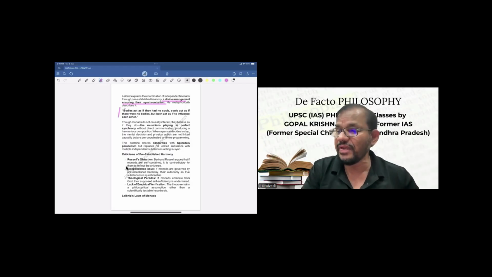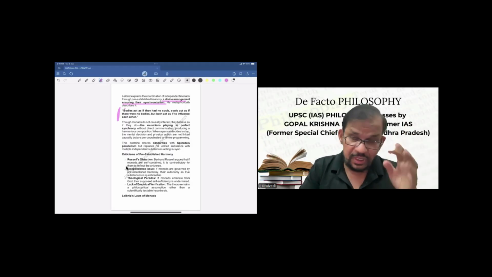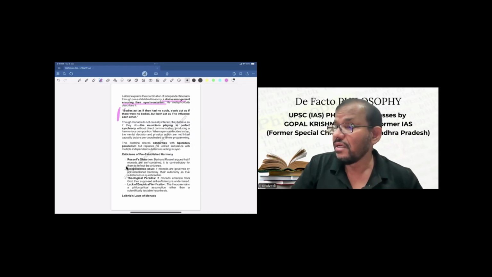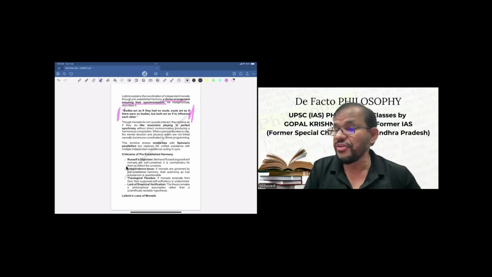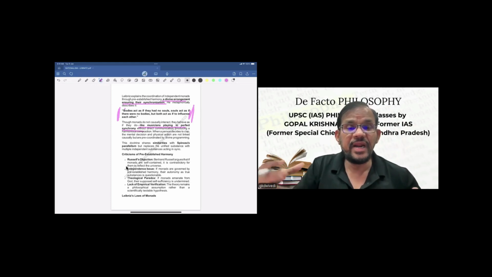This statement we have already gone through in previous slides. This is an important statement representing pre-established harmony. He has also given the example of musicians playing in perfect synchrony, different musicians in a band or something like that. That also is given by Leibniz.